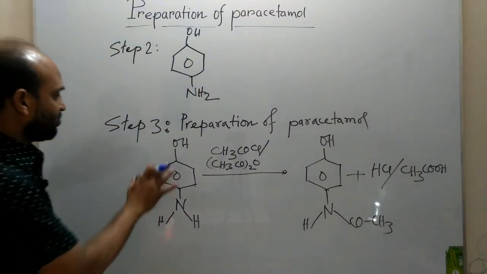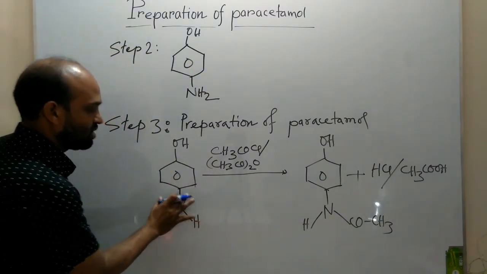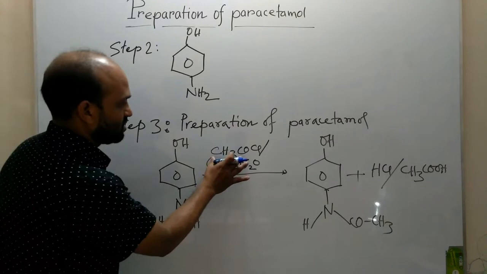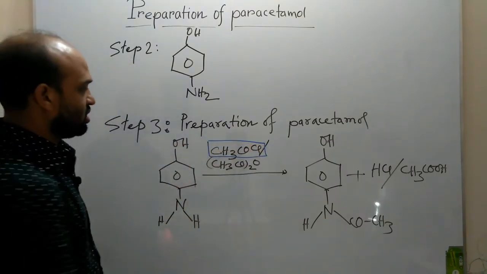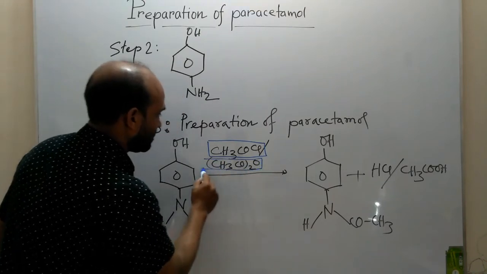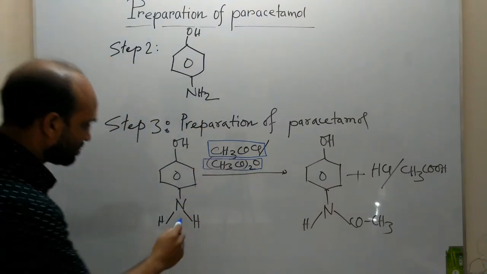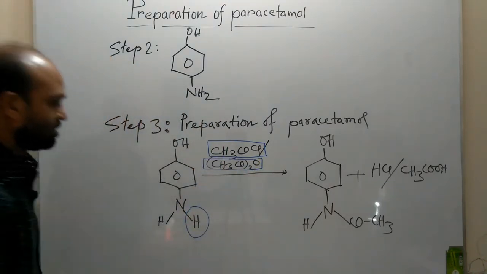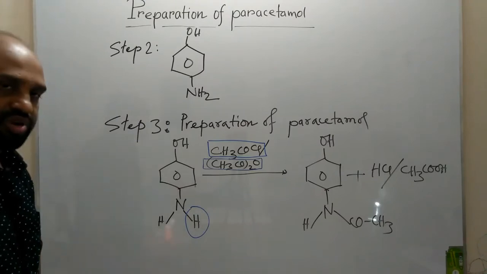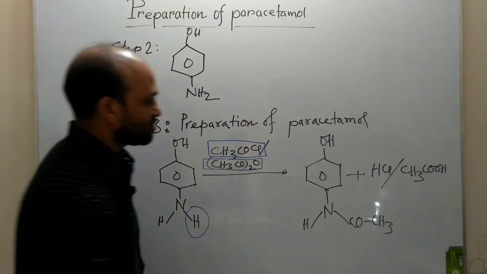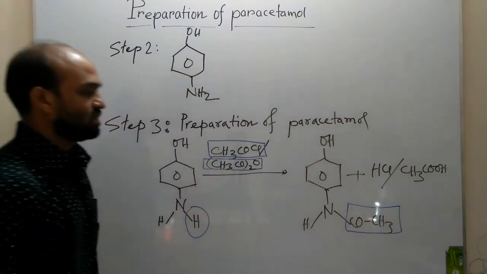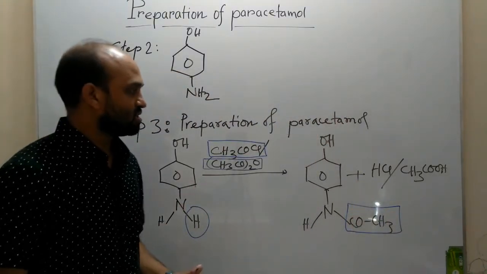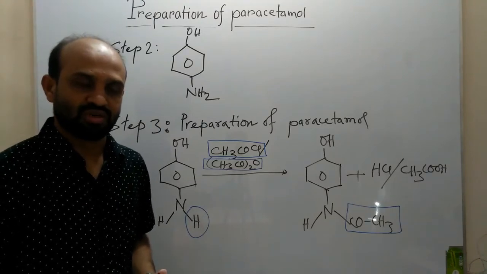And when 4 aminophenol is treated with acetyl chloride or acetic anhydride, then one hydrogen of amino group is replaced by acetyl group, and the final product paracetamol is obtained.